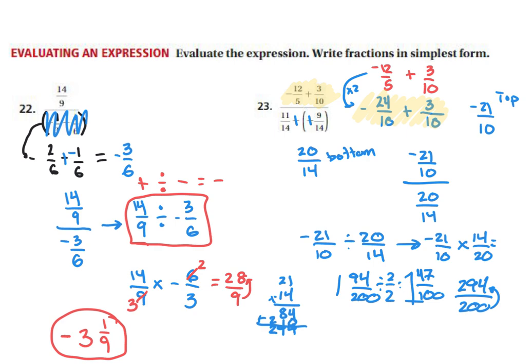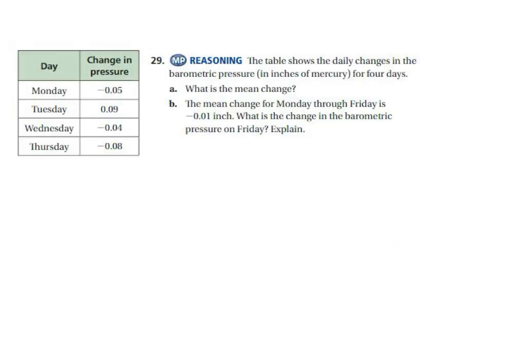And wowie, this one is big, because we still have to go back and we still have to see that we had a negative times a positive, which is a negative, meaning this is -1 and 47 hundredths. That's a lot of steps. Congratulations if you were able to get that on your own.